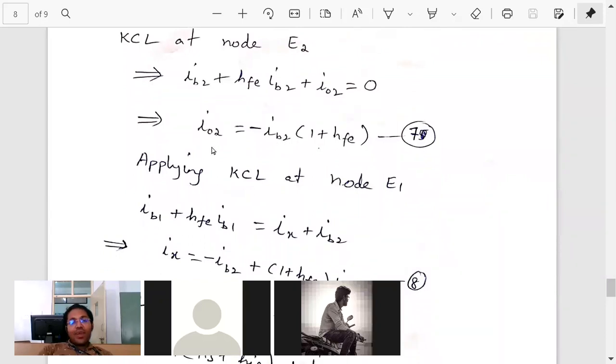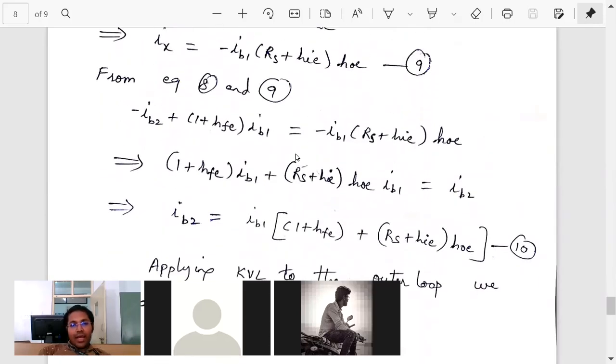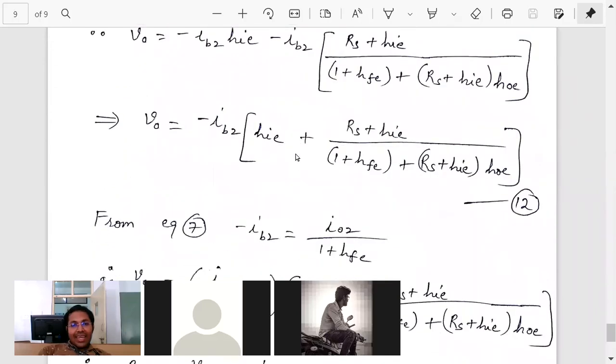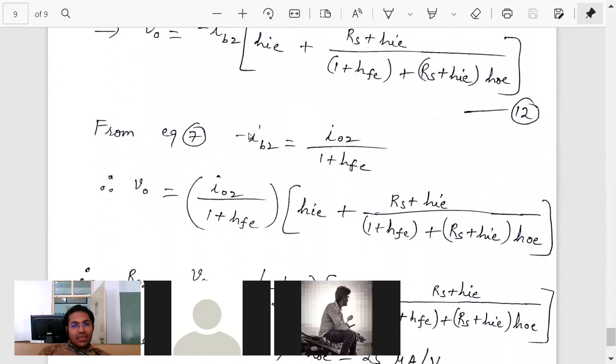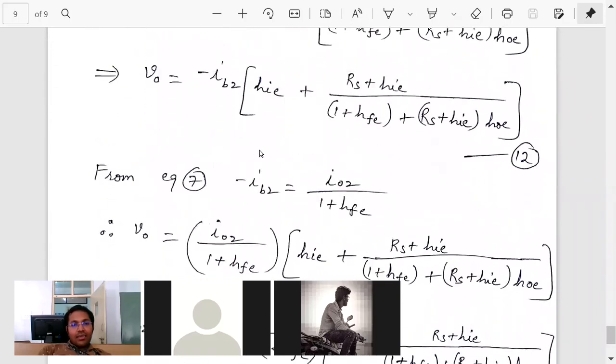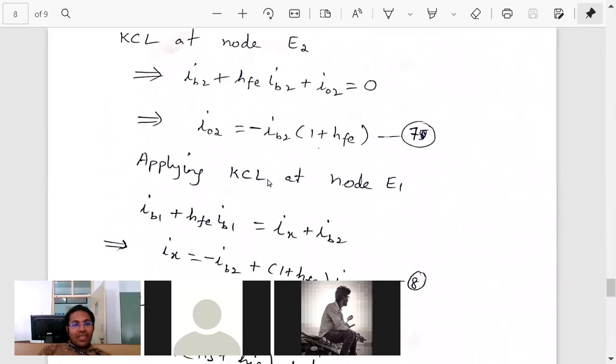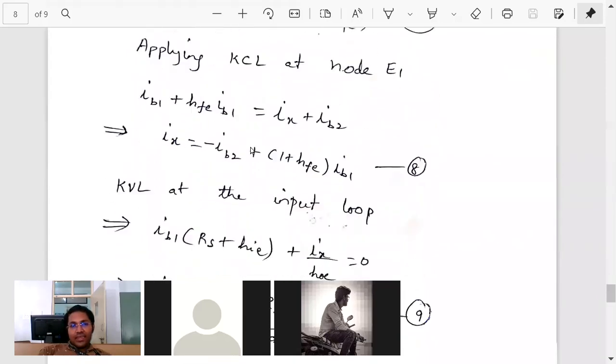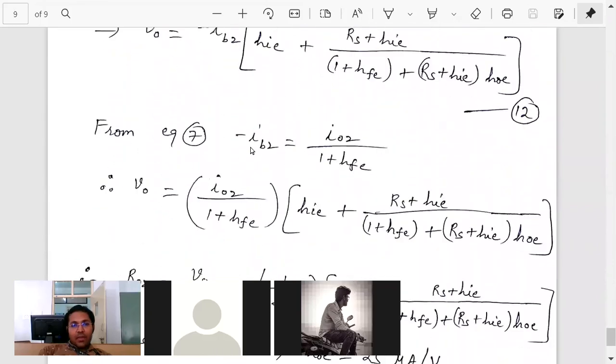So from equation 7, let us directly take minus IB2. Minus IB2 I can write as I0 2 by 1 plus HFE.